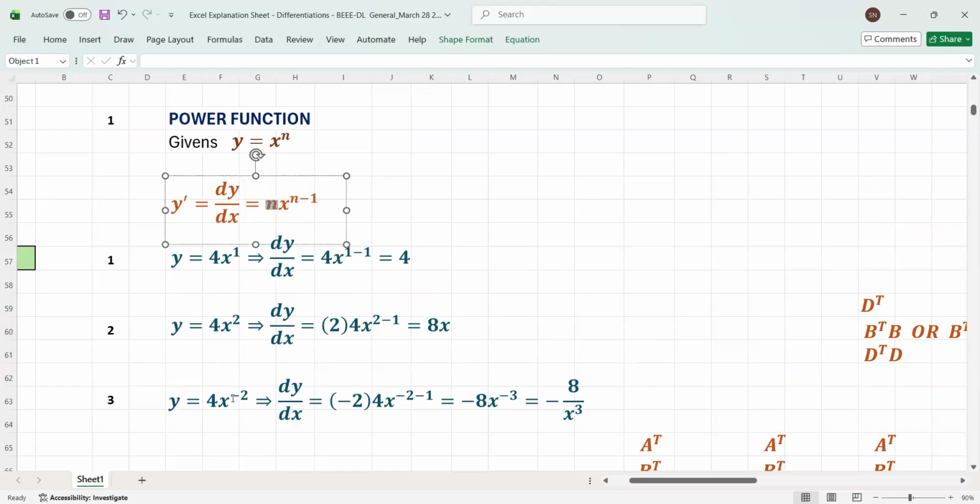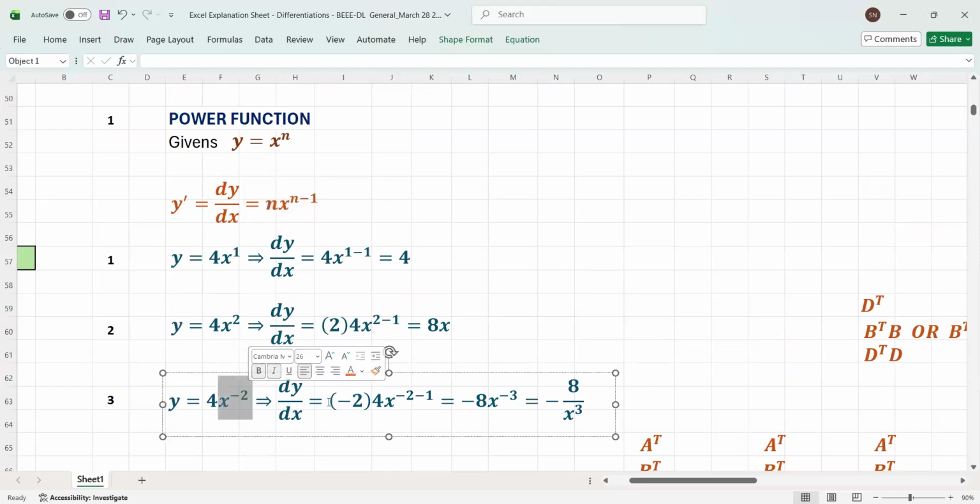So this power negative 2 here is what came to multiply the function, negative 2 times the 4x. And then I reduce the power by 1, so minus 2 minus 1. I hope you see it now. The index is the exponent, and the exponent comes to multiply. So if the exponent is negative, then it becomes negative of that. If it is positive, then it is just the exponent value.